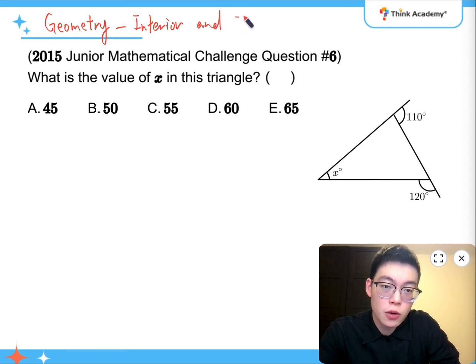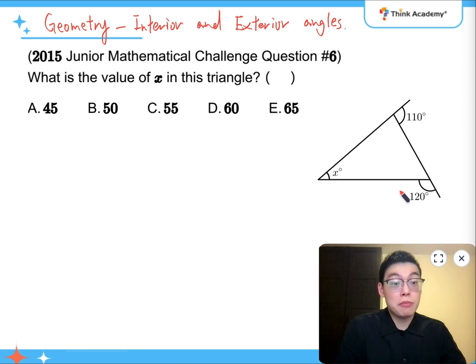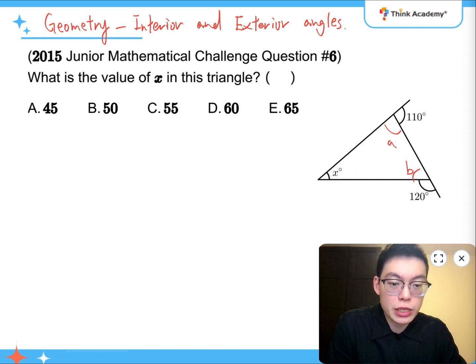Of course, we can just use the interior angle sum of triangles to find the answer. But that needs 3 steps: I need to find out what is this angle, what is this angle, and finally find x. So there is a quicker way which we can use only 2 steps to find x.